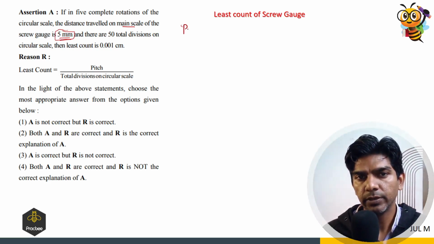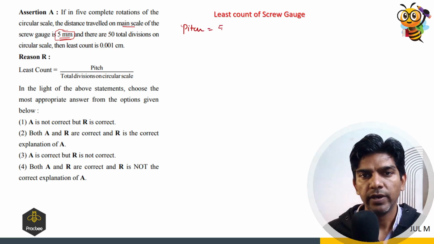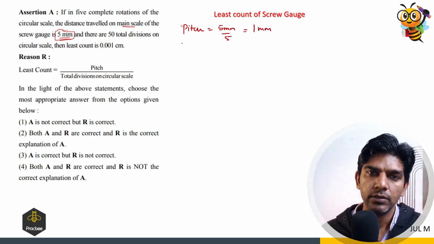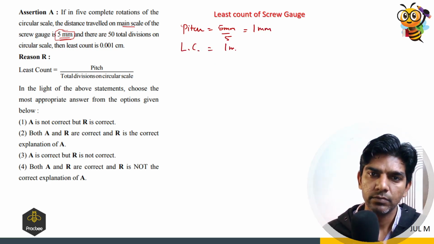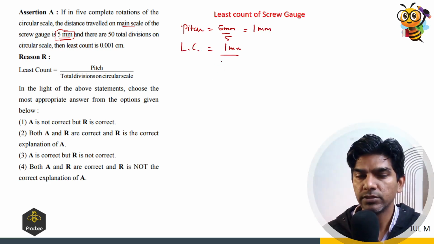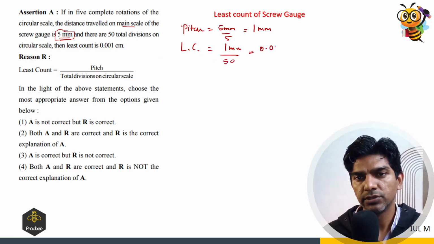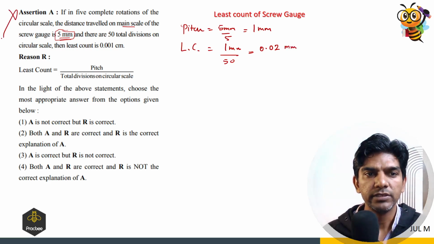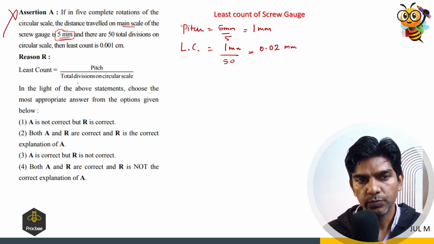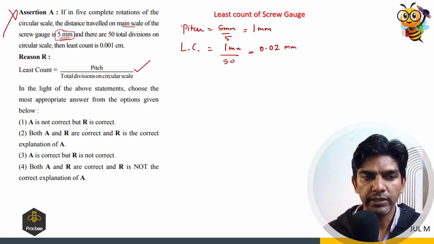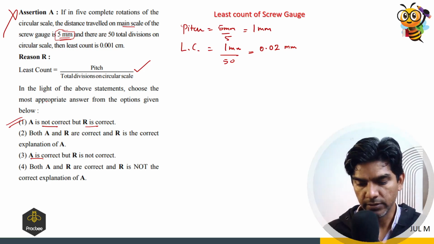So pitch will be 5 millimeter divided by number of rotations, so that will be 1 millimeter. So least count is pitch divided by number of divisions on the circular scale, which is 50. So it comes out to be 0.02 millimeter. So assertion is incorrect. Least count is pitch upon total divisions on the circular scale. This is correct. So A is incorrect, R is correct. So option 1 is the right answer.